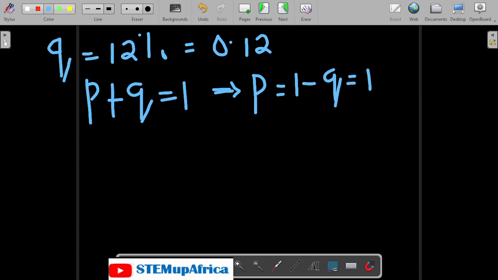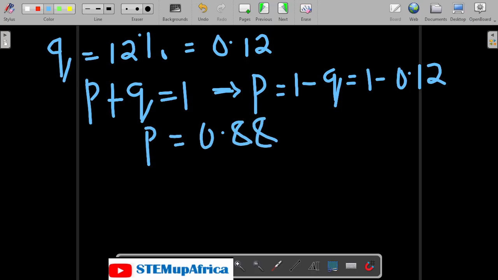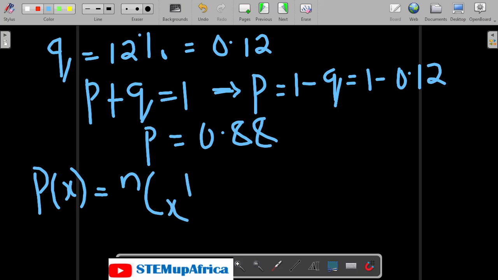That will give me 1 minus 0.12. The success is now 0.88. So let's code the formula: Prob X is equal to n combination X, P raised to the power X, Q raised to the power n minus X. That is the formula of binomial probability.